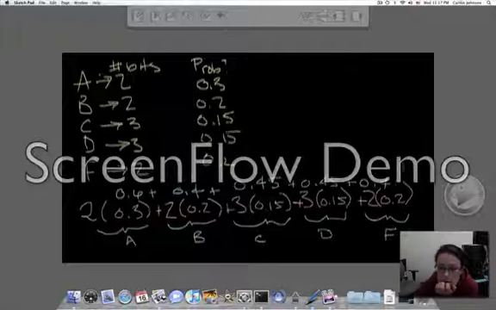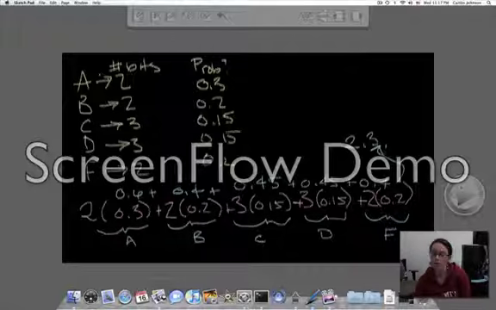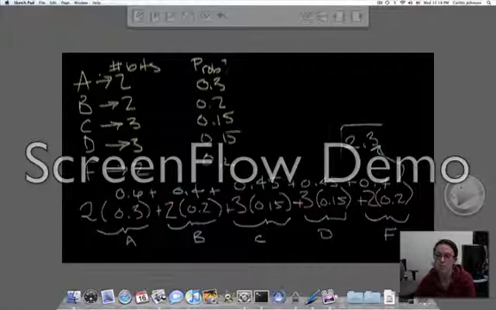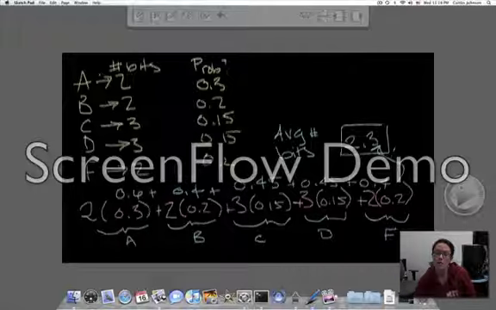Which gives us 0.4 plus 0.4 is 0.8, plus 0.6 is 1.4, and so on, for a total of 2.3. So this is the average number of bits used to send all of the symbols over, the expected transmission is going to be 2.3 bits.